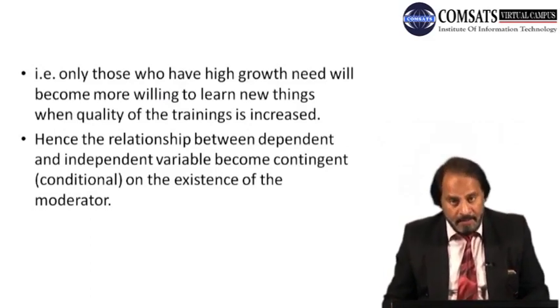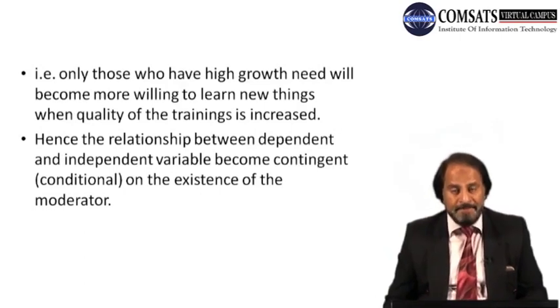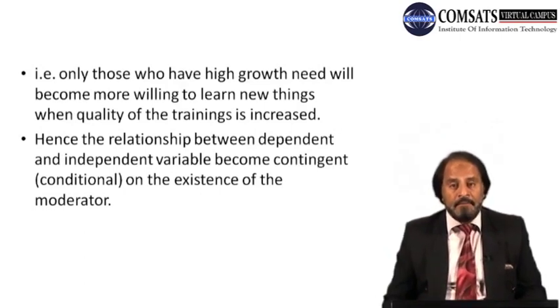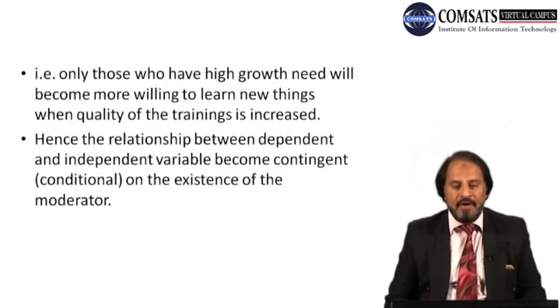If the moderator's value is high, that is, in the case where growth need is high, then this relation will exist, otherwise it will not. We can look at this example in a more graphical manner.